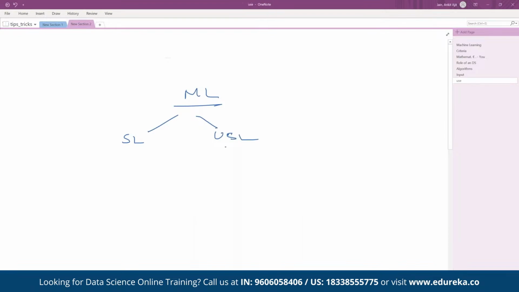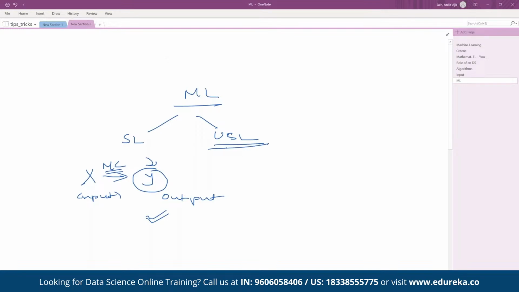Here SL is supervised learning, and USL is unsupervised learning. In this case, you feed in the X, and if your Y is known, you exactly know what you want to train the model on. What is my target variable or my output? If that is known to you, then it is known as a supervised machine learning model.